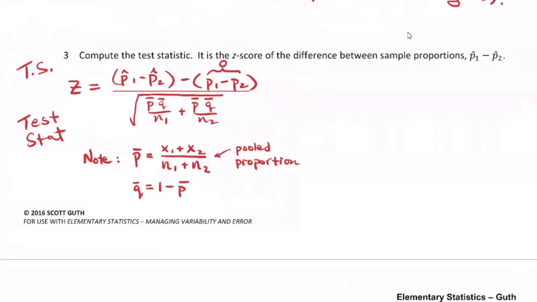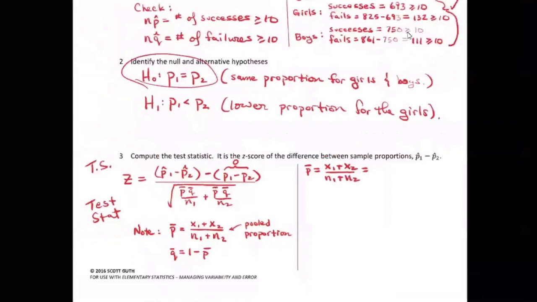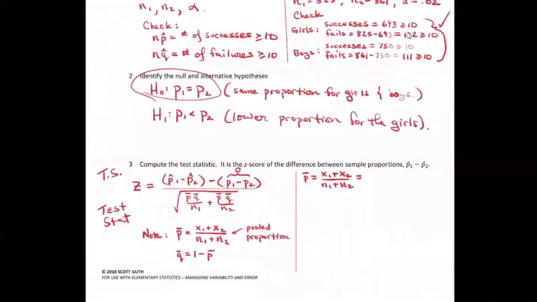So let's do this on the other side of this here. I guess we have to do P bar first. So P bar is x1 plus x2 over n1 plus n2. So total number going to school: for the girls, there were 693, and for the boys, there were 750.